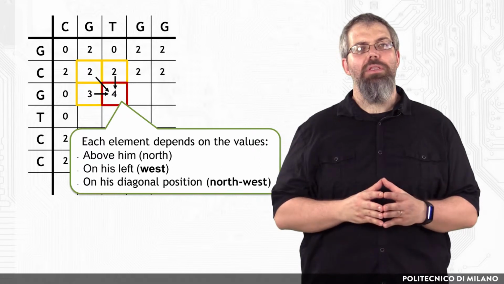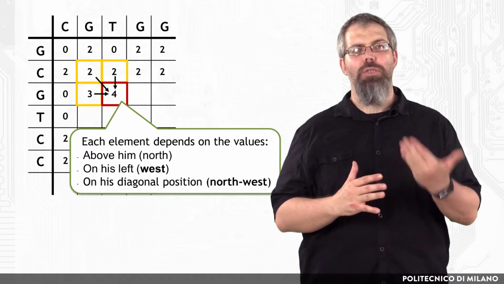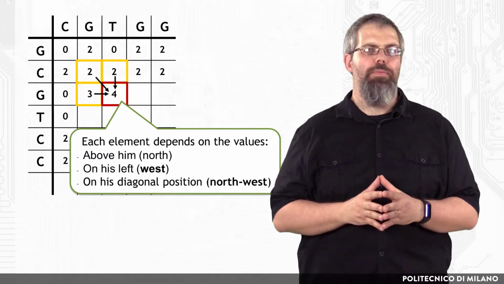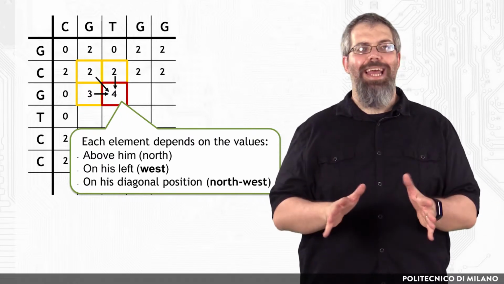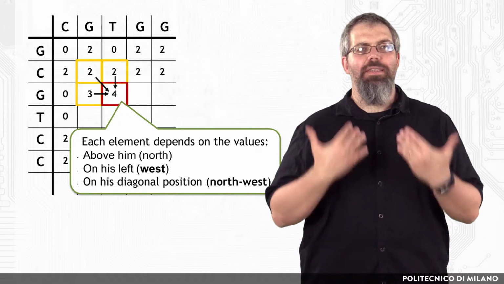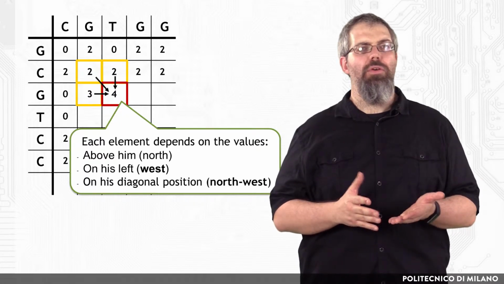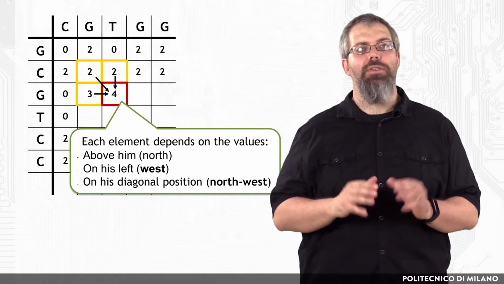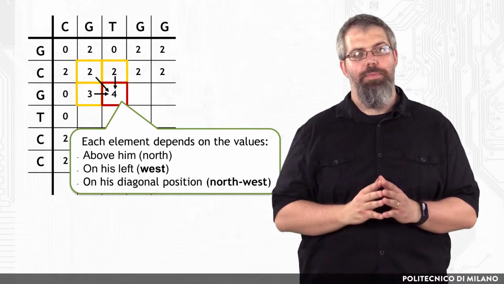Given that we computed these 3 values, it is now possible to compute the current one by performing some basic operations. For all those cells of the matrix where one of the dependency values is missing, as for the first row and the first column, the dependency values are supposed to be equal to 0.